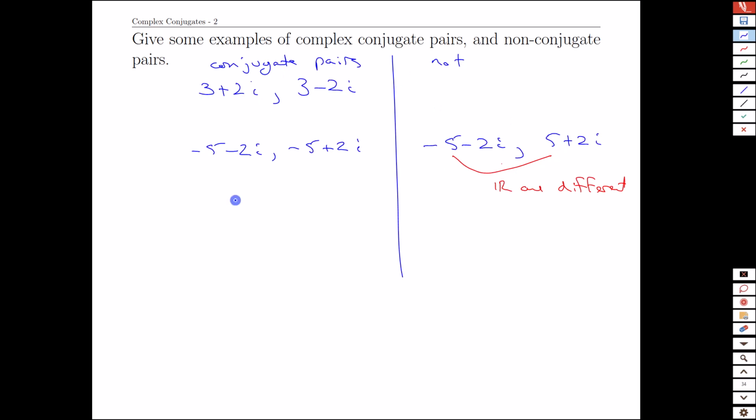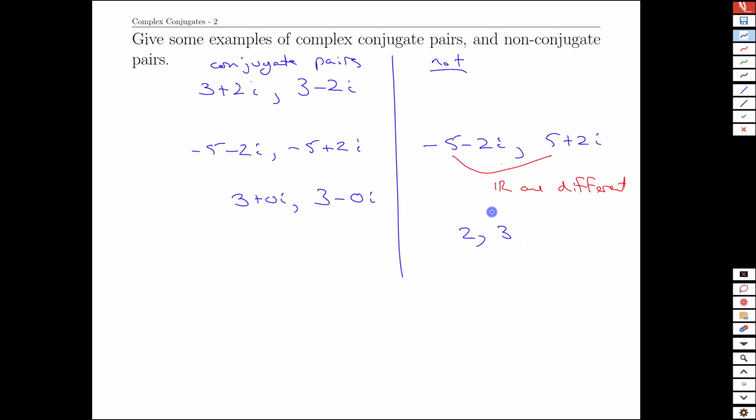Now, one thing that might be less obvious is if we took the number 3 and the number 3, two all real numbers. If we think of them as complex numbers, we can always add an imaginary component that just happens to be 0. Well, it doesn't really matter whether I add or subtract 0 of something, we get the same amount. So these are complex conjugates, but if we took two different real numbers, they would not be complex conjugate pairs.